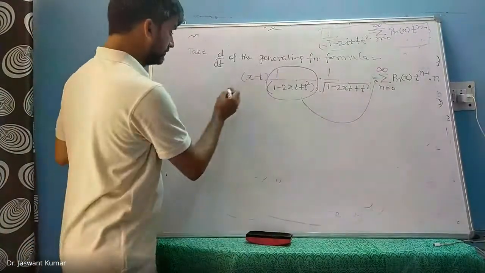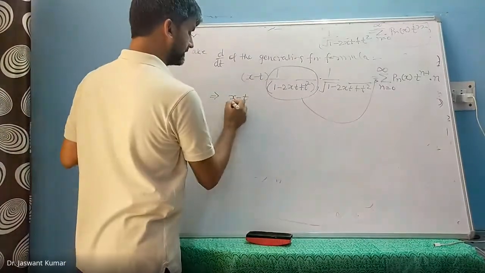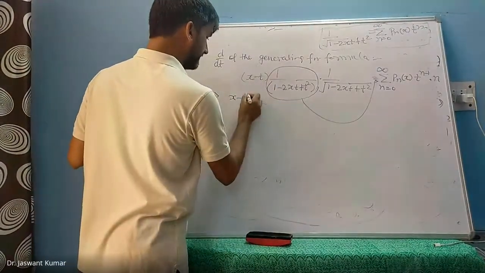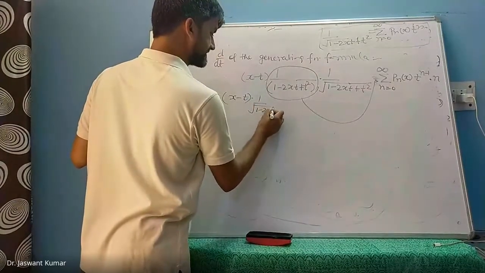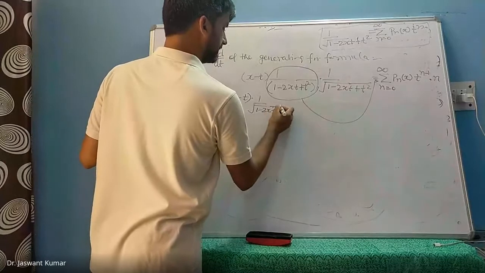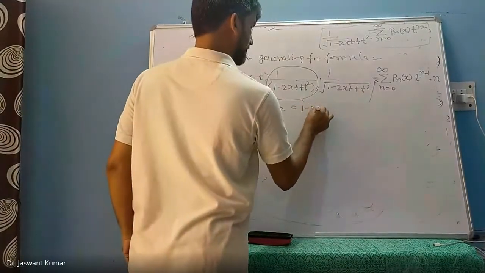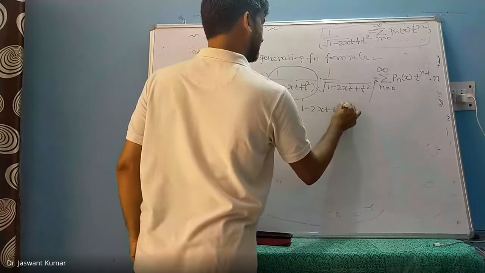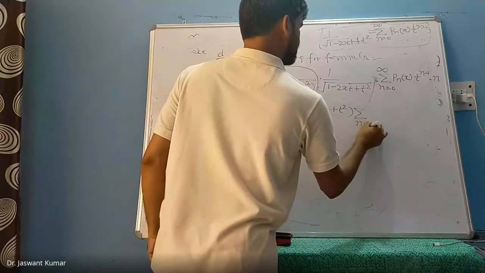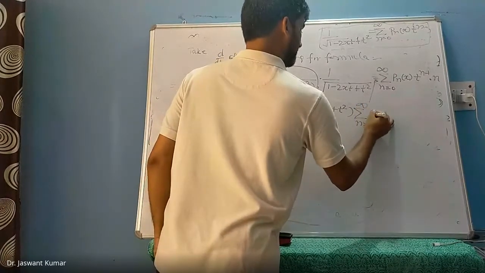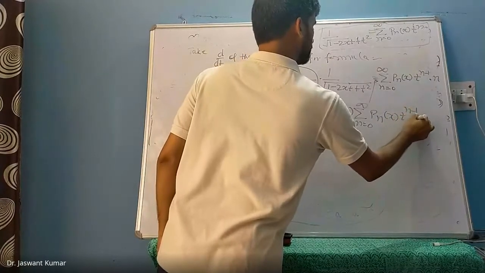Okay, so what we have obtained is x minus t into 1 by square root of 1 minus 2xt plus t square, and this is equal to 1 minus 2xt plus t square times the summation n going from 0 to infinity Pn(x) t to the power n minus 1 into n.